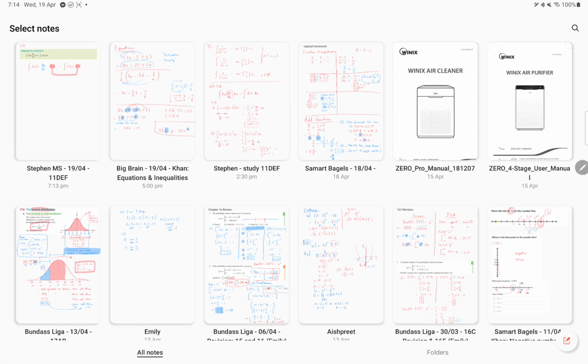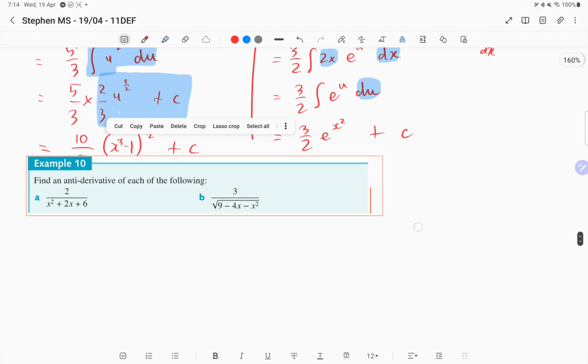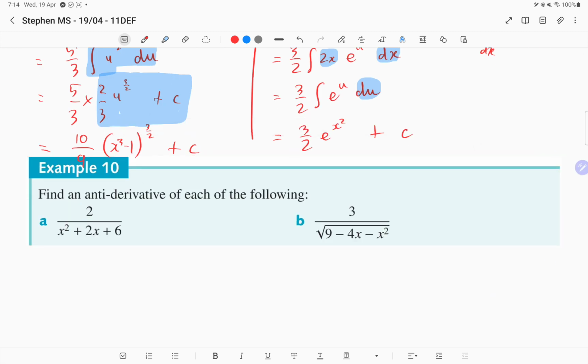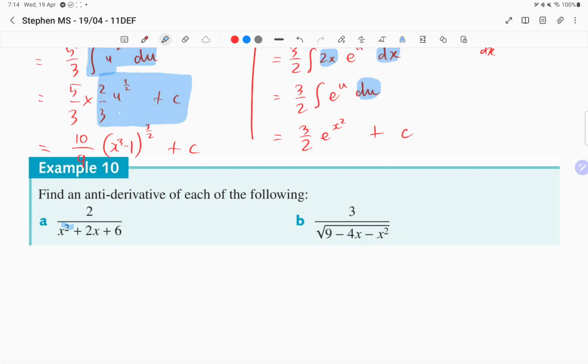The idea is still the same, where you need to substitute u in, but you can't substitute straight away, because if you differentiate this expression here, you get 2x plus 2, and there's no way you can multiply 2x plus 2 in.